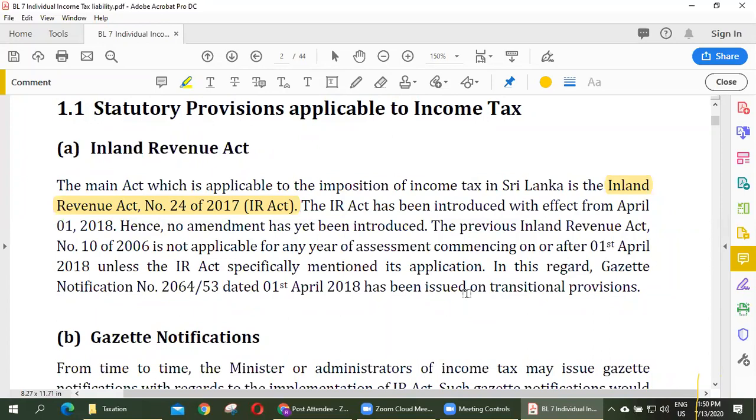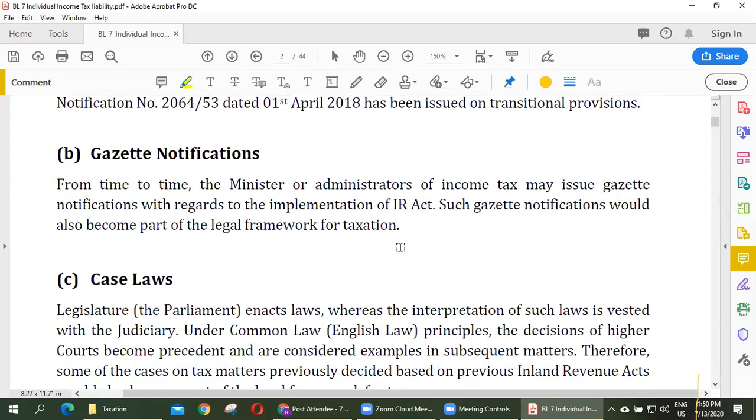Right. So the second one, the Gazette notification. From time to time, the minister or administrators of income tax may issue Gazette notifications with regard to the implementation of the Inland Revenue Act. Such Gazette notifications would also become a part of the legal framework of taxation, right?